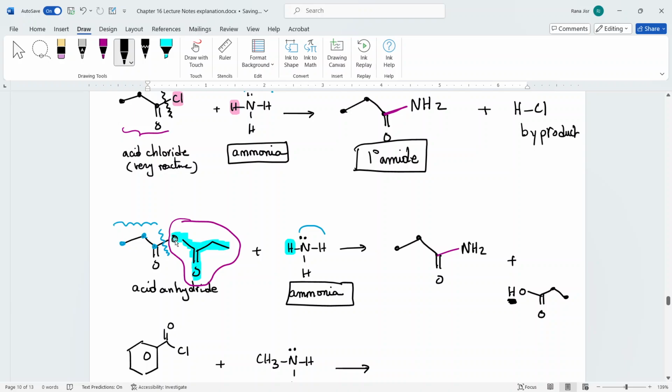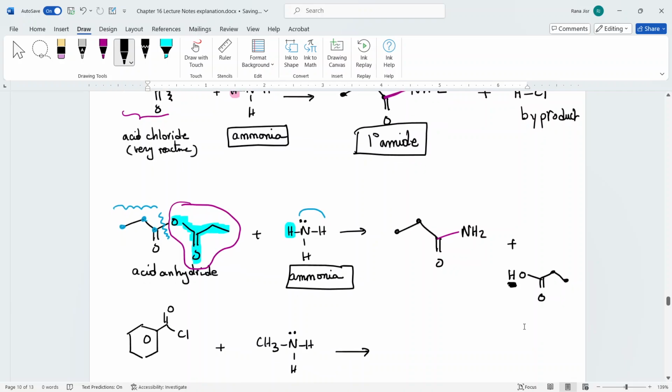I made a bond between the oxygen and the hydrogen because I know that oxygen should have 2 bonds and 2 lone pairs in order to have a 0 charge. So the hydrogen has to be on the oxygen there. This is a byproduct as well. It is an acid byproduct, so that is going to be a carboxylic acid byproduct. And my product here is still a primary amide.